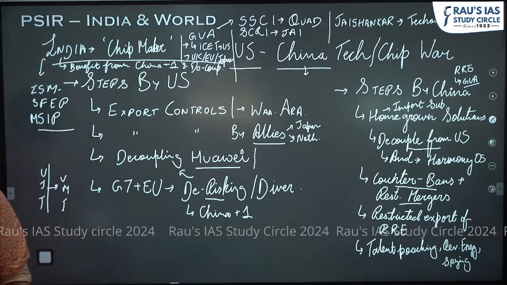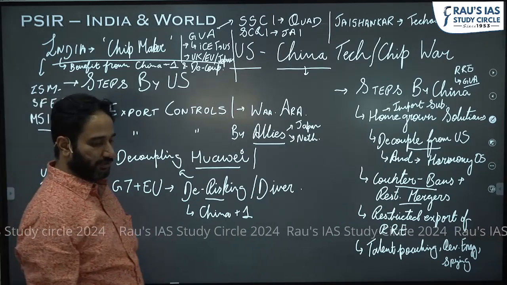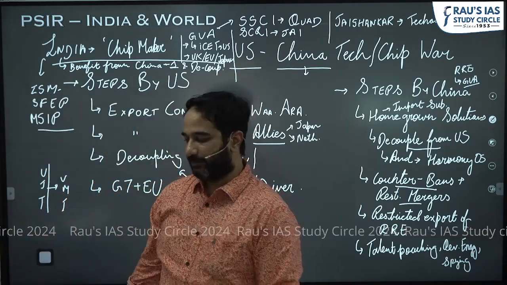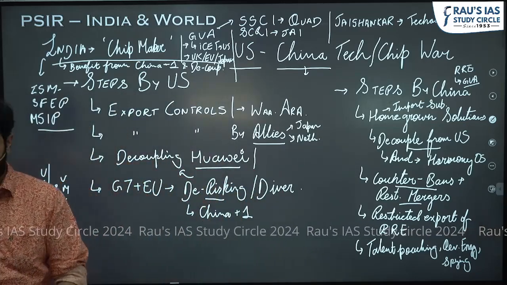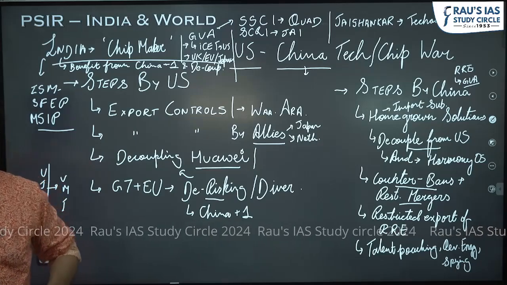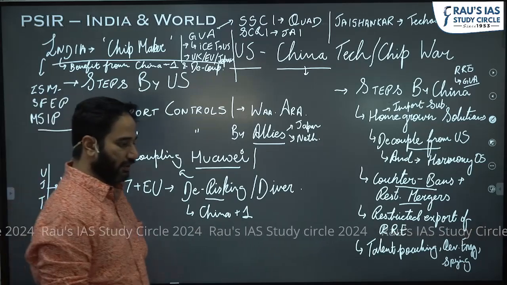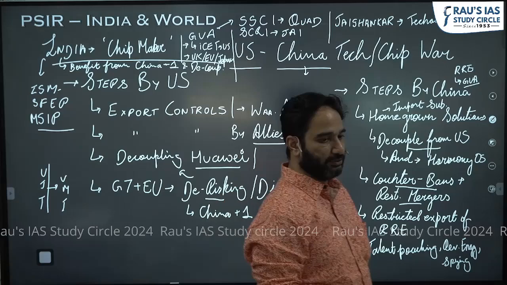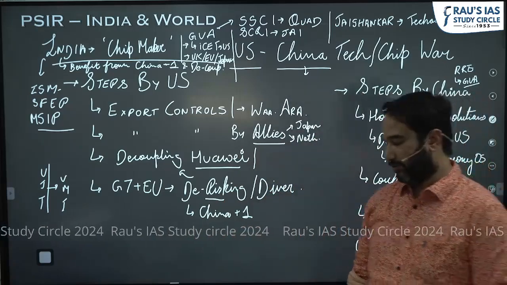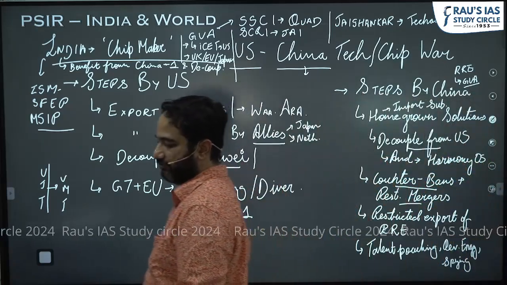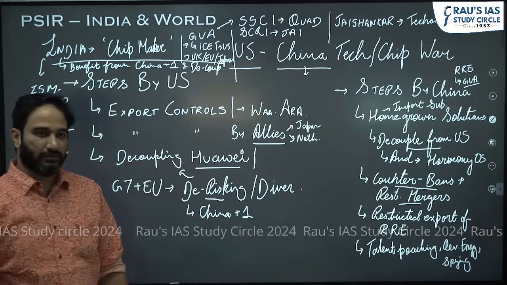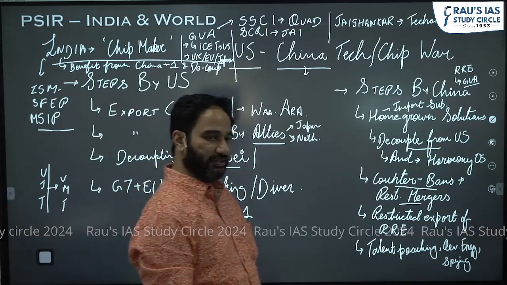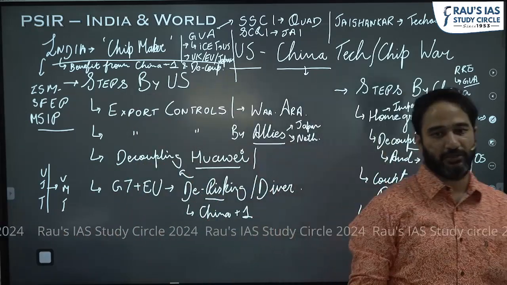In the same line, Prime Minister Modi in the G20 summit has argued that resilience of supply chain is needed in a post-pandemic global order.